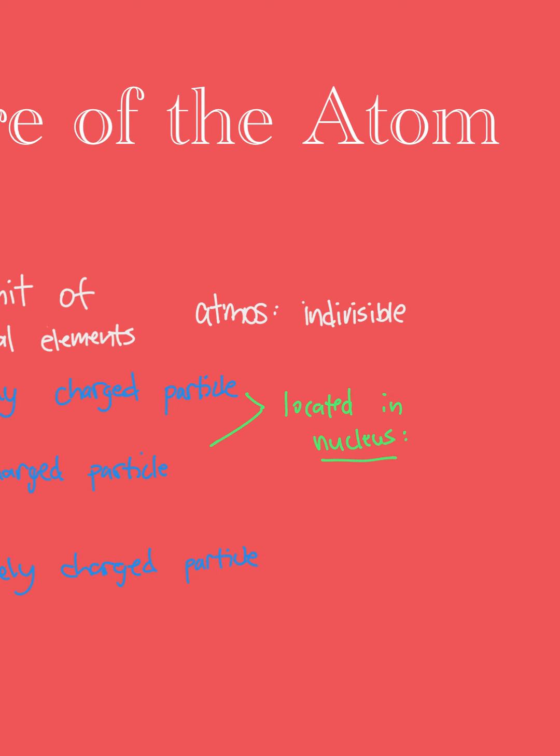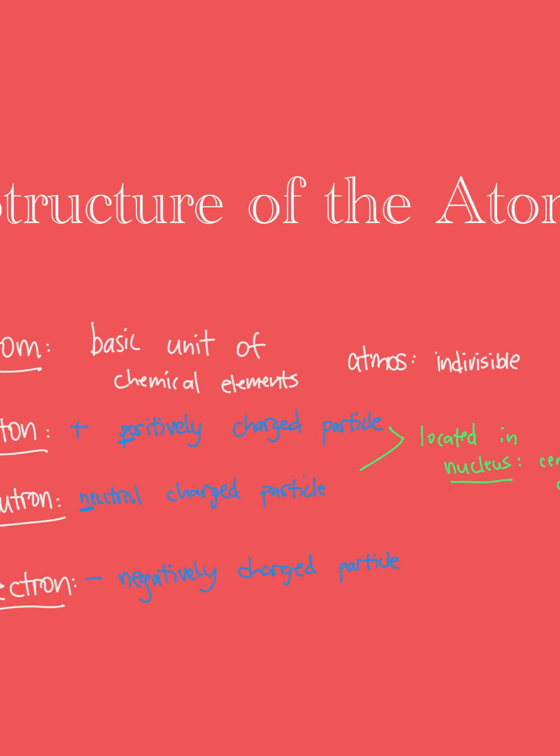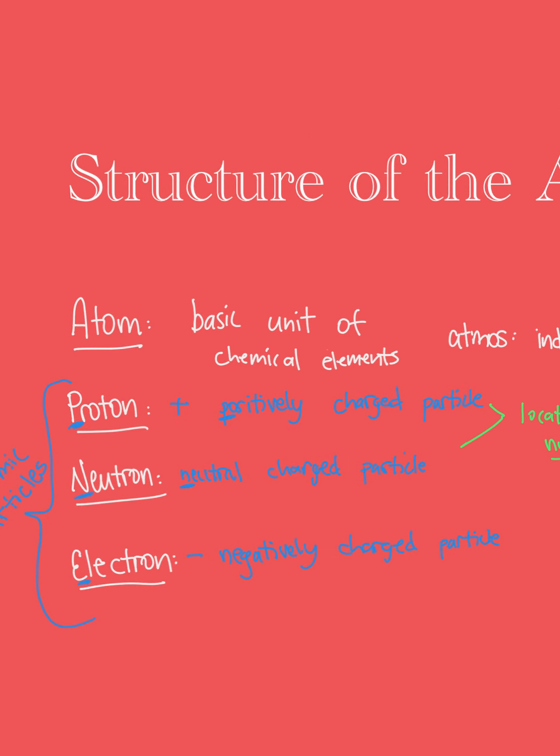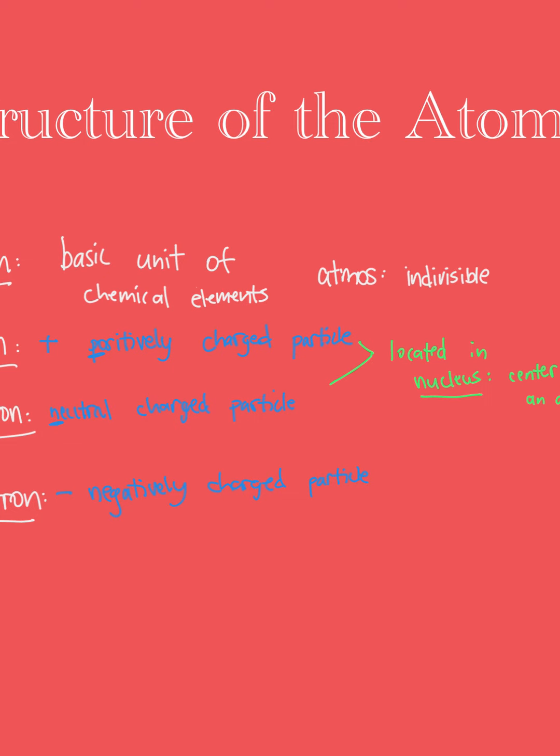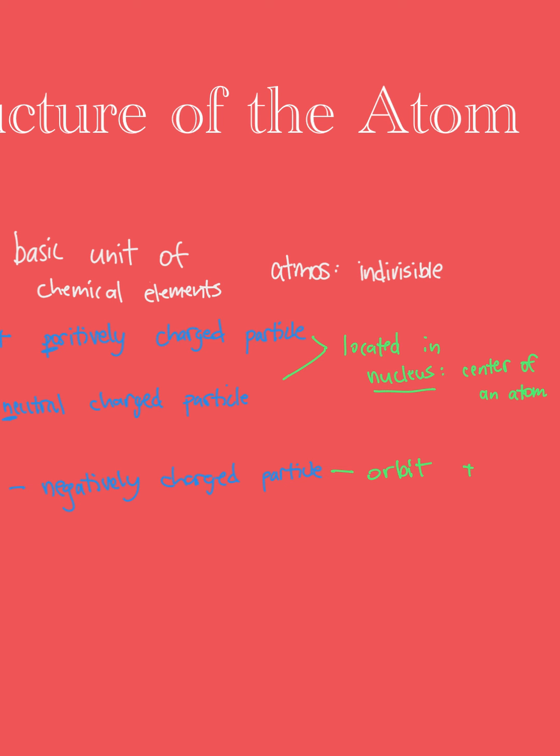You learned that last year in bio, but the nucleus in an atom is the center of an atom. This is where a majority of the stuff is, where those neutrons and protons are. And then electrons, what they're going to do is they are going to orbit, kind of like how planets orbit the sun. They orbit the nucleus.